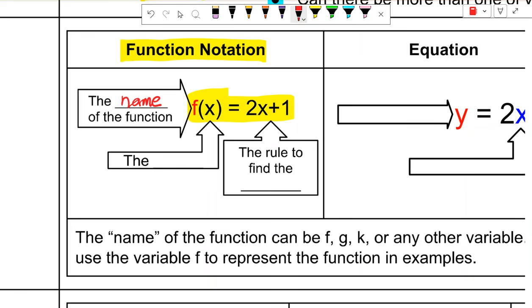The next arrow is pointing directly at the X right there, and that is known as the input. Oops, spelled input wrong. And then this next arrow here is directly pointing at this whole piece over here. And that whole piece is the rule to find the output.